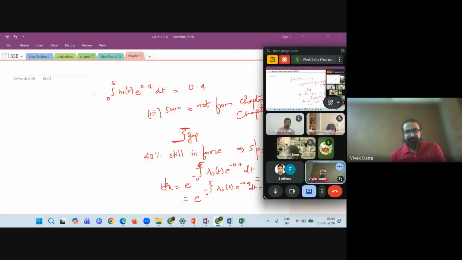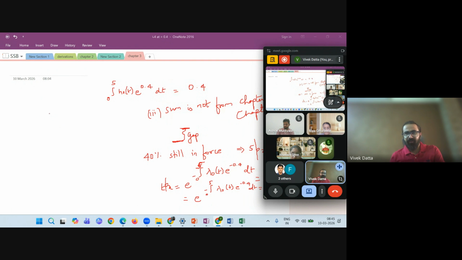Now, I'll take this e raised to outside the integral. What is the integration of lambda naught t? It is a constant. So what is the integration of this? E raised to x integration is what, guys?